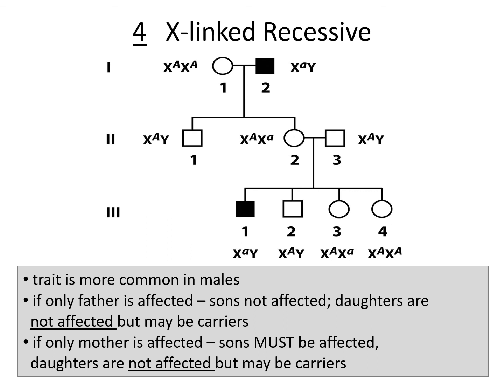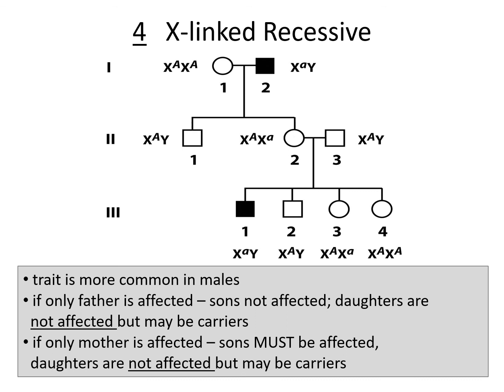So we're going to use a lowercase letter for the recessive form and an uppercase letter for the dominant form. So looking at our pedigree here, generation 1, individual number 1, is a female. And that means she's got 2 X chromosomes. And this particular female has 2 copies of the dominant allele for the gene that we're interested in.